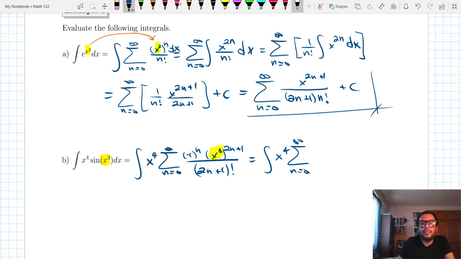And I'm going to write this 2n plus 1 times this 3. This will be 6n plus 3. So I'm going to have x to the 6n plus 3 over 2n plus 1 factorial dx. I forgot the dx over here as well.